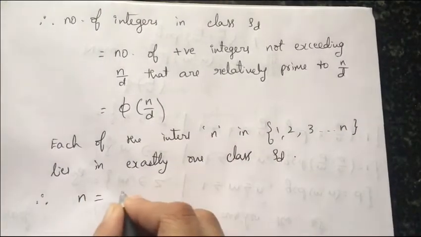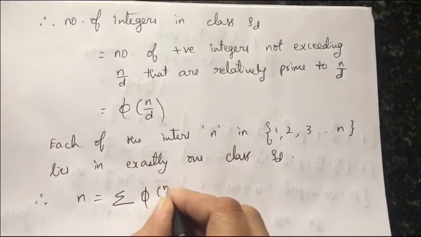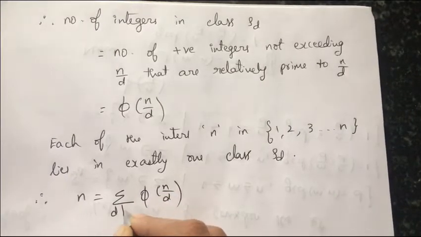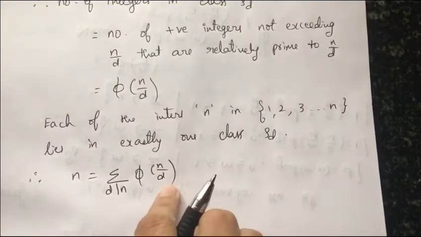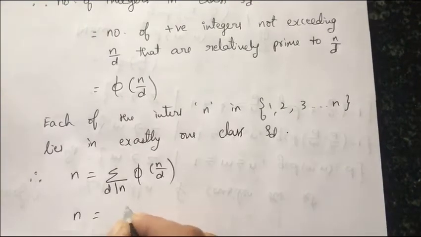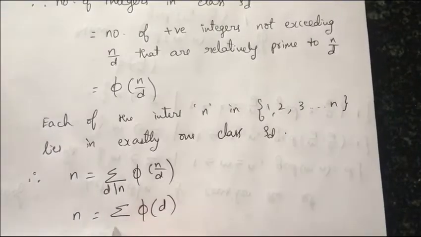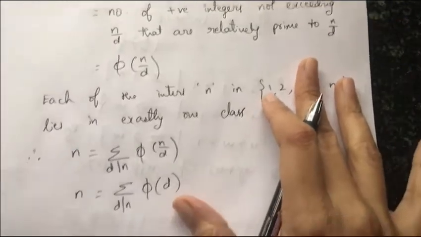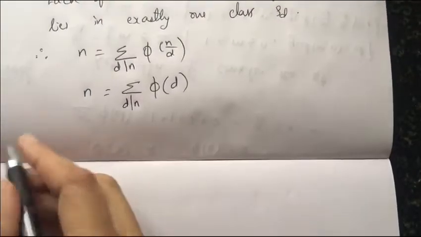Therefore, n equals the sum of all phi of n by d, where the summation runs over all the divisors. Phi of n by d is the same as writing phi of d. So, n equals the summation of phi of d, d divides n. Hence the proof, but I'll explain it again with another example.